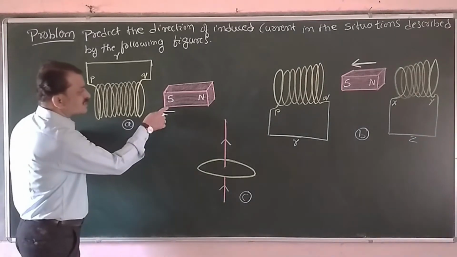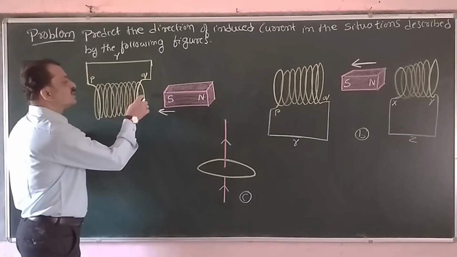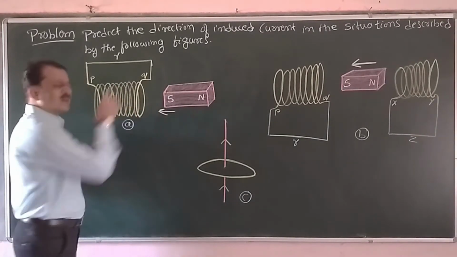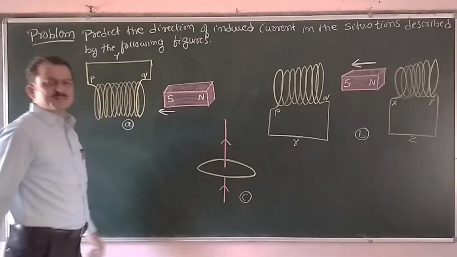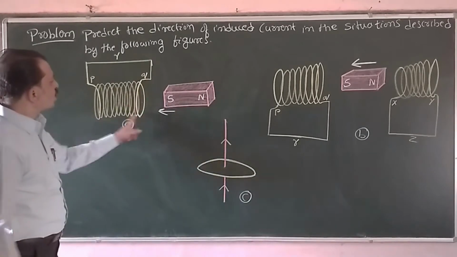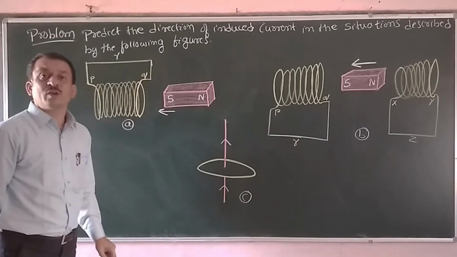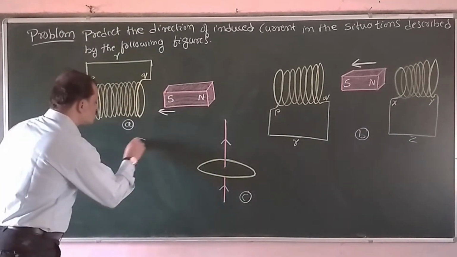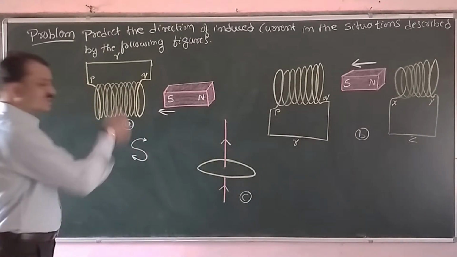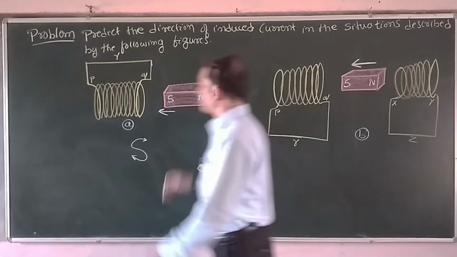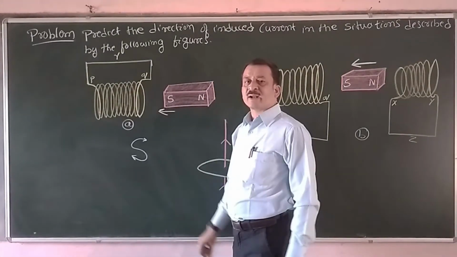Therefore, since a south pole is approaching, this coil has to produce a current such that, as viewed from this side, that is the bar magnet side, this coil face has to behave like a south pole. South pole means the current should be in the clockwise direction as viewed from this bar magnet side.